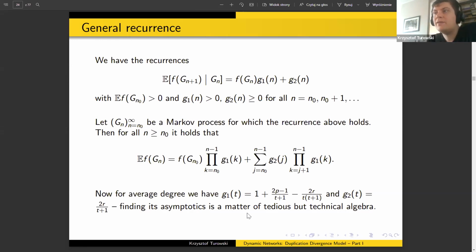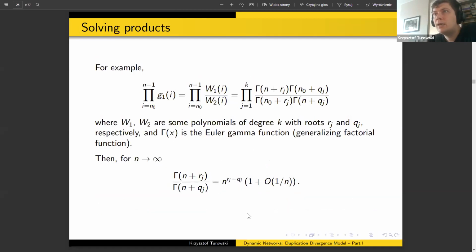So we can express G1 as a quotient of two polynomials in T, and similarly G2 can also be expressed as a quotient of two polynomials in T. Thus, if we want to solve this product, we just have to notice that these polynomials we can split into certain monomials, and each product of the monomial can be represented as a quotient of two Euler gamma functions.